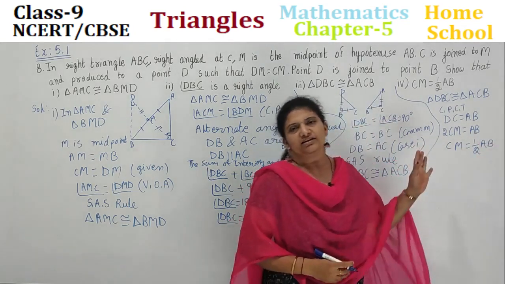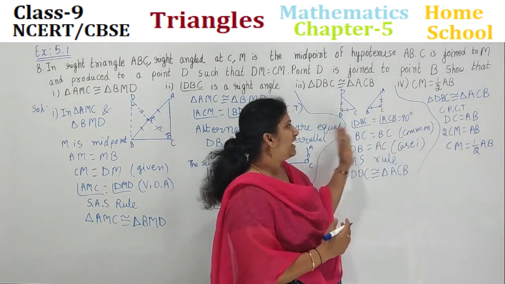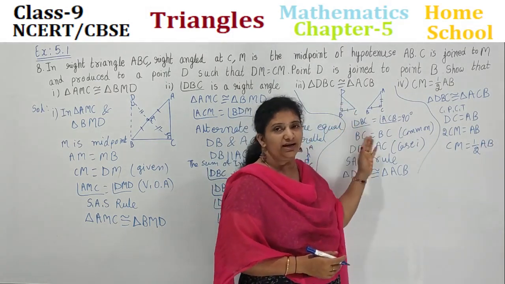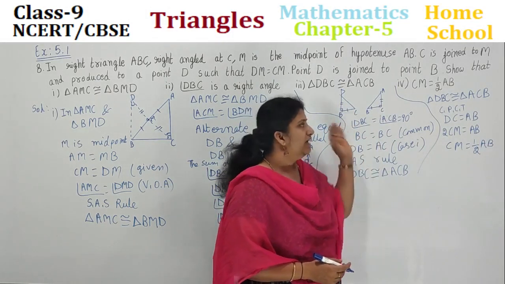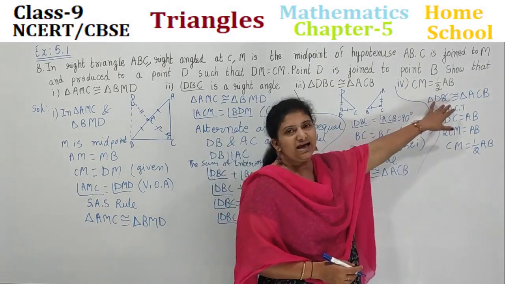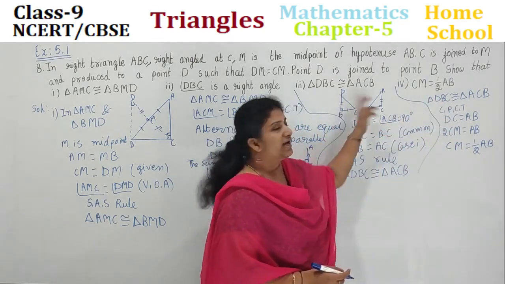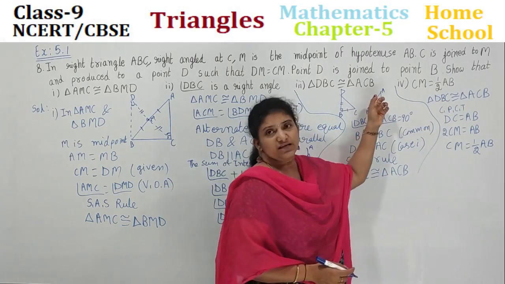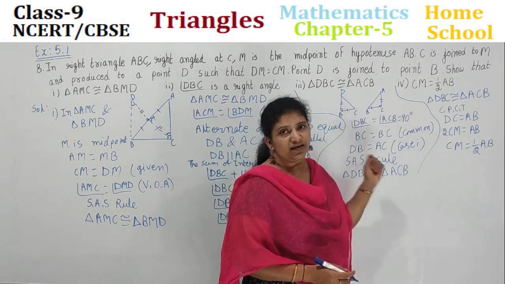I didn't do anything special, children. In each and every case we have linked and used CPCT, equating one side and angle and then substituting here. So look carefully at the last case: these two triangles are congruent, so corresponding sides or corresponding angles we can equate.